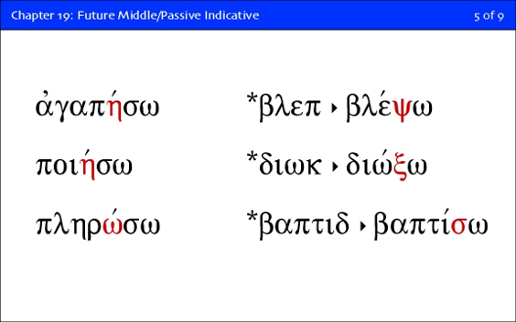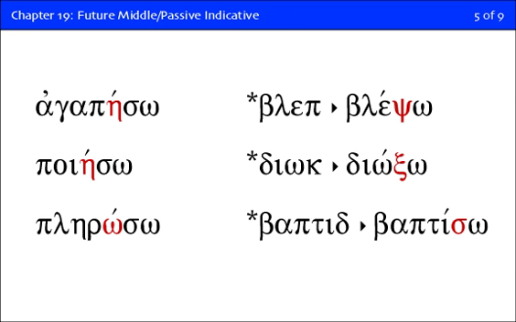Now, instead of learning these as exceptions, I want you to see that there are two different kinds of verbs that are absolutely regular, even though things are changing. Look at the three contracts. Agapeso, poieso, pleroso. What's happened in all three? Right. The final contract vowel is lengthened, hasn't it? Okay, that's a rule.